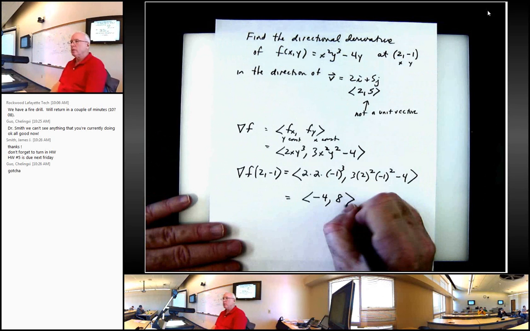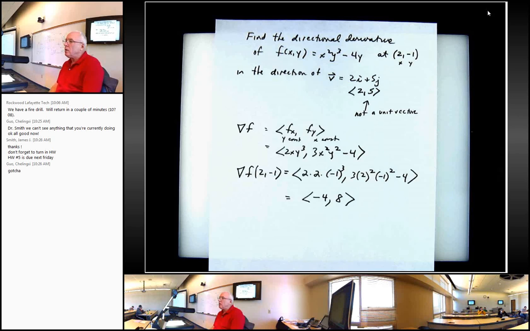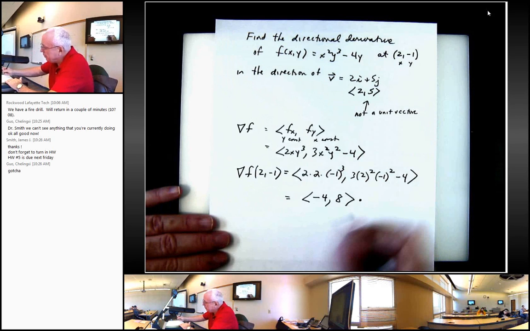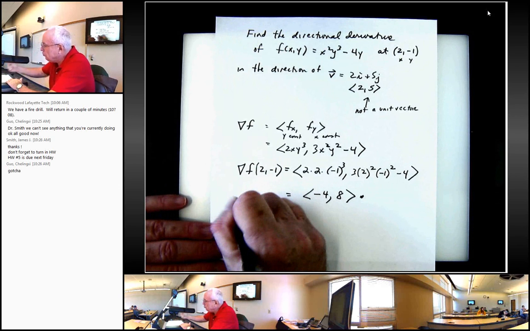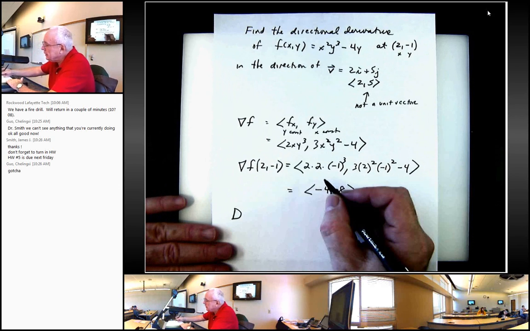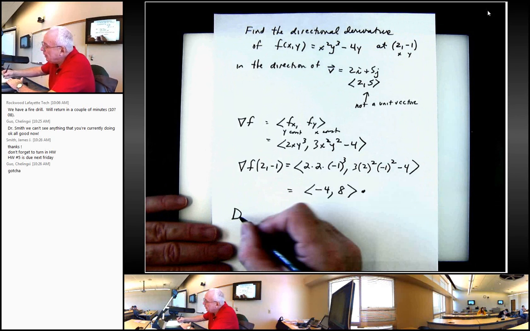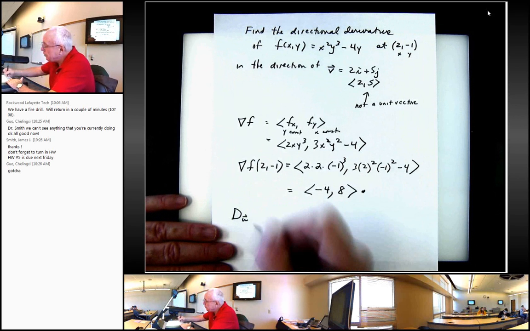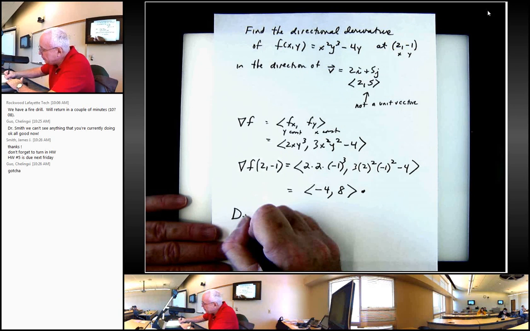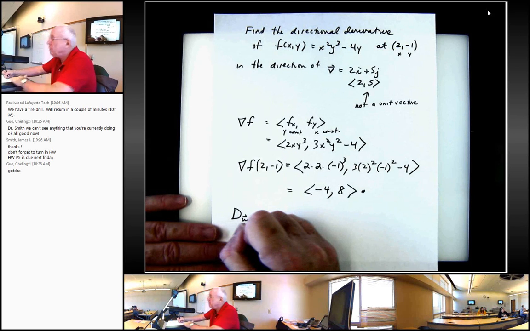Okay. Now we have to dot that with the unit vector. So therefore, to get the directional derivative, we're going to want to get the derivative for the unit vector. So that's going to be our v vector divided by the magnitude of the v vector.